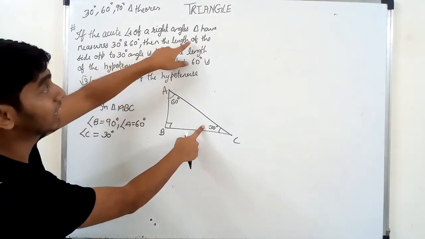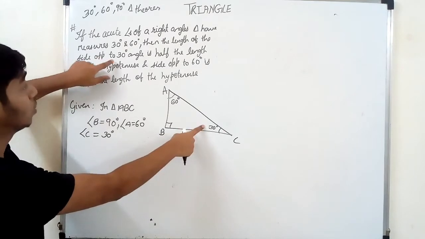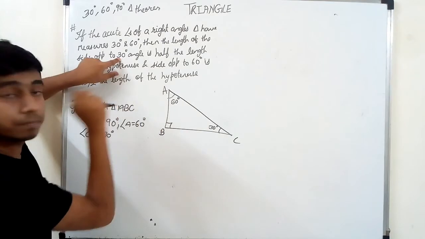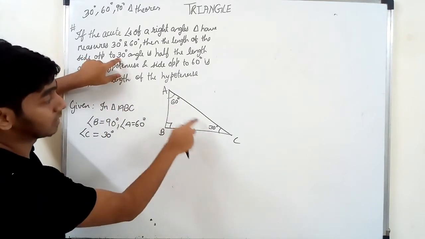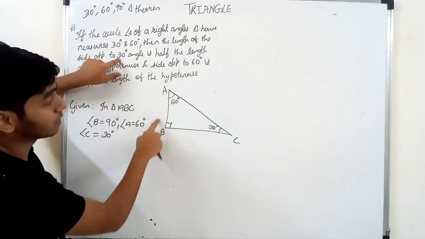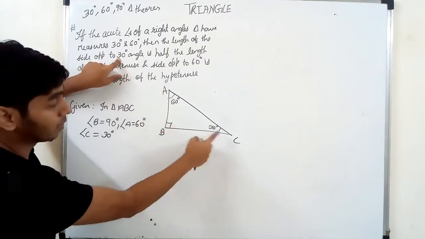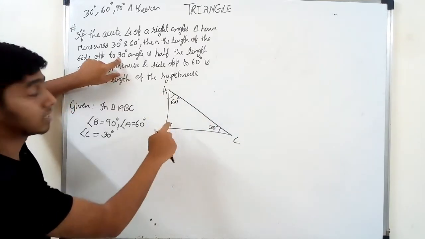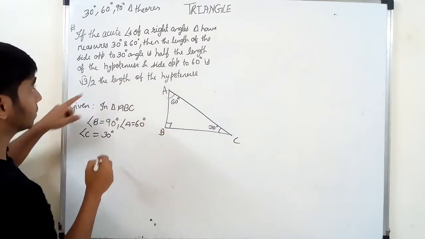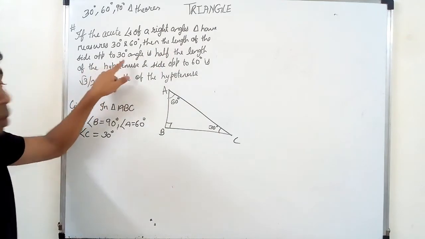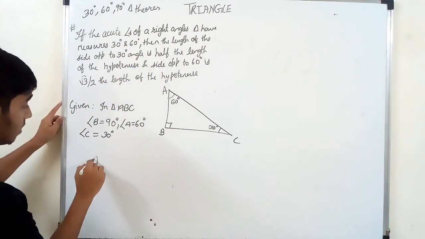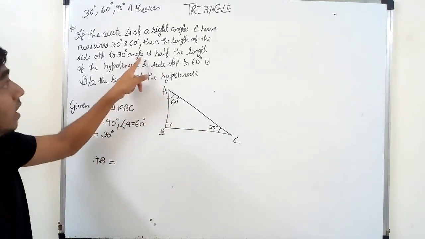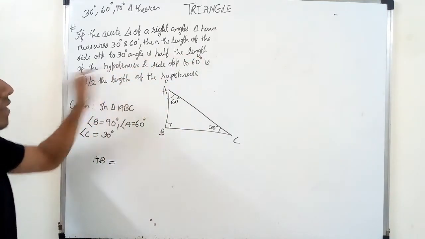This is 30 degree, and the side opposite to it will be AB, because these two sides are close to it and the opposite side is AB. So the length of the side opposite to 30 degree, that is AB, is half the length of the hypotenuse.